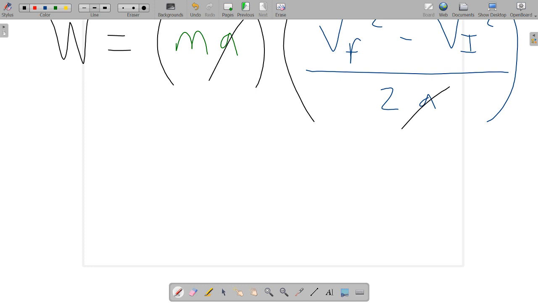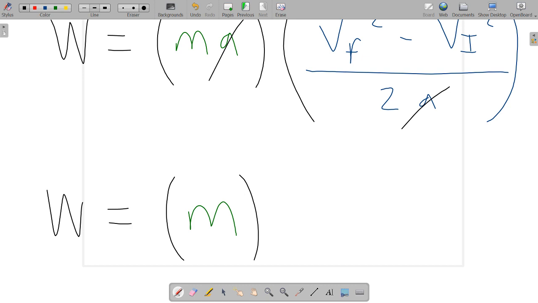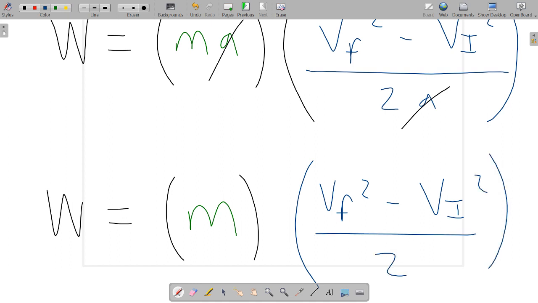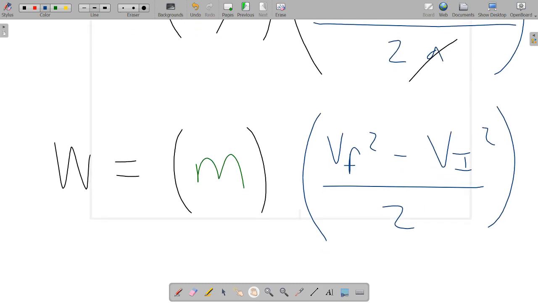I'm left with work is equal to mass times displacement, where I know displacement here is equal to final velocity squared minus initial velocity squared, all of that divided by 2. Okay? So let's keep going.